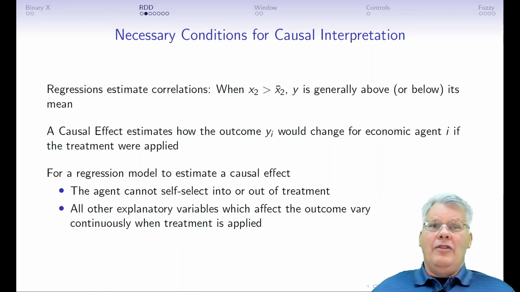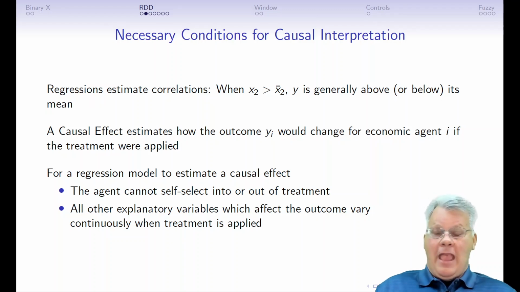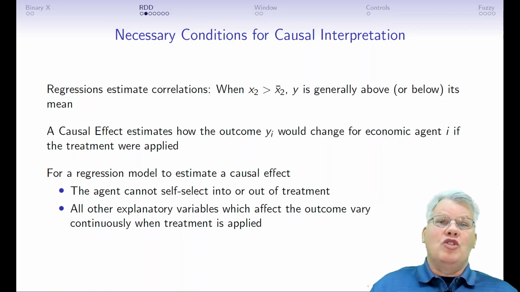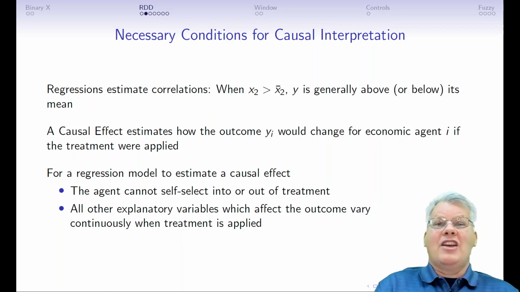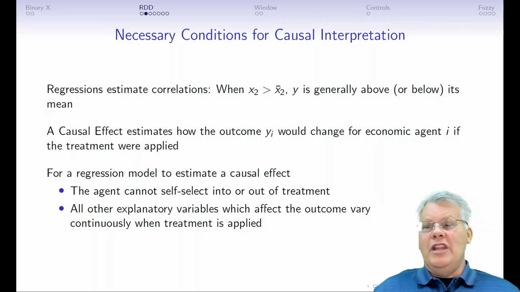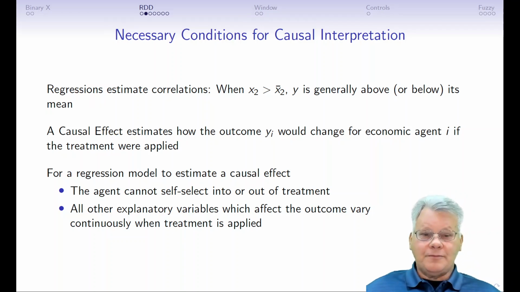They would then be able to, in essence, manipulate the outcome, and observed differences in outcome between the treatment and control group could not necessarily be attributed to the treatment. Some degree of that outcome might be determined by the actions of the agent, which would then pollute our ability to interpret this as causal.